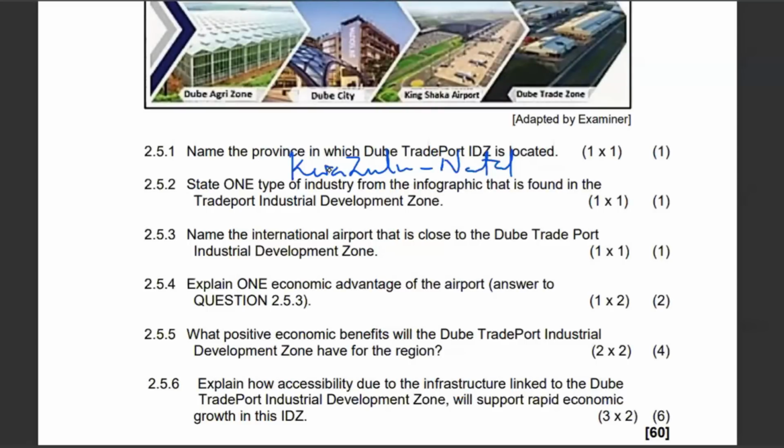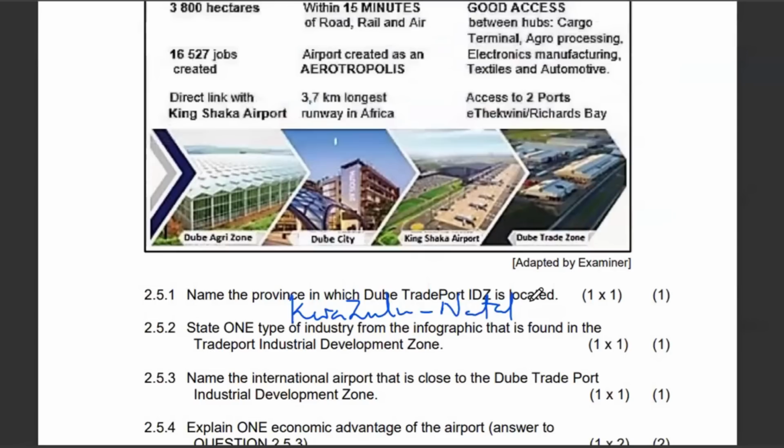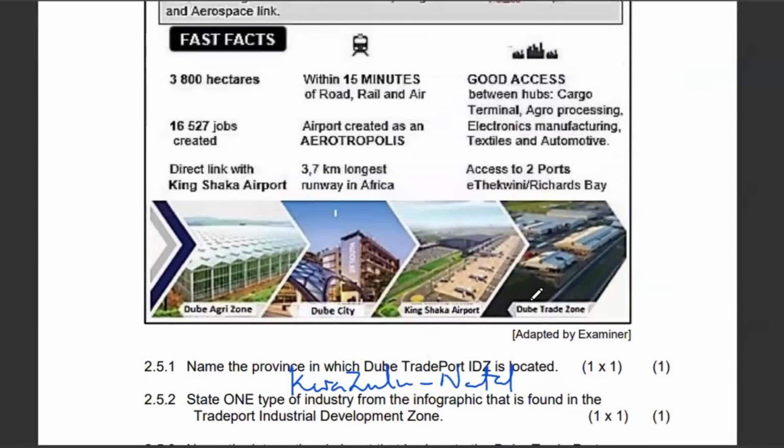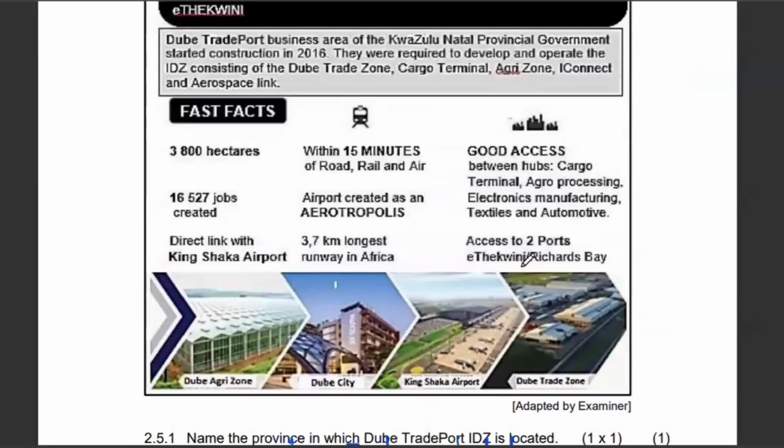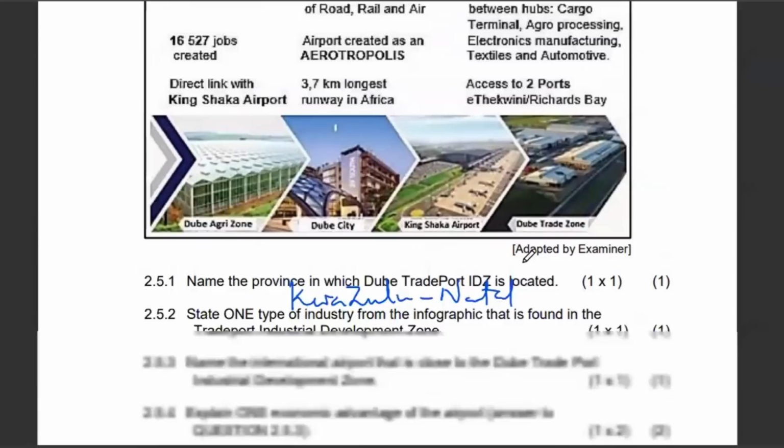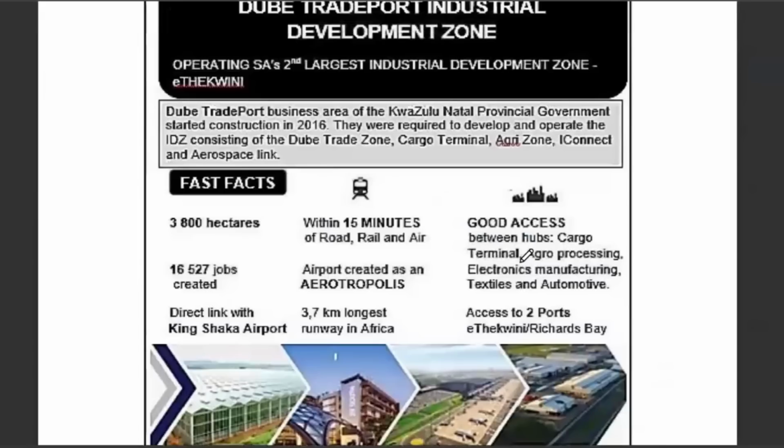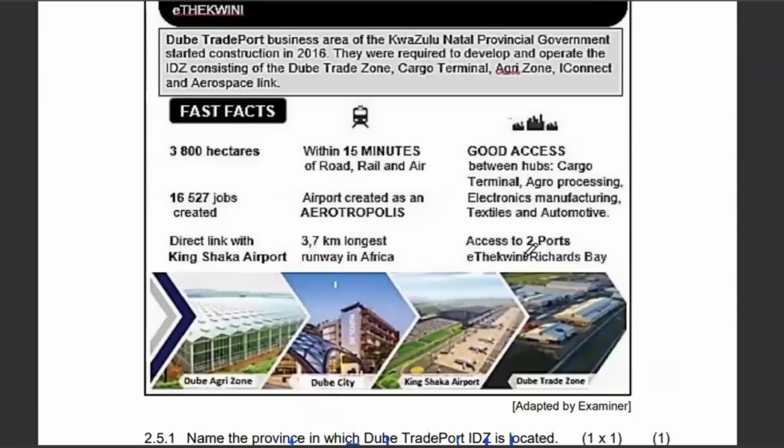Then it says, state one type of industry from the infographic that is found in the Trade Port Industrial Development Zone. The type of industries that are found, I'm going to just trace here and try to find the types of industries.